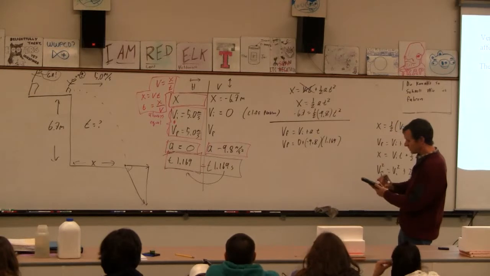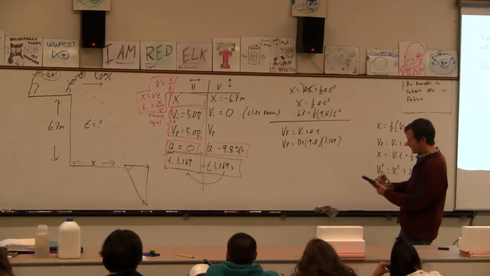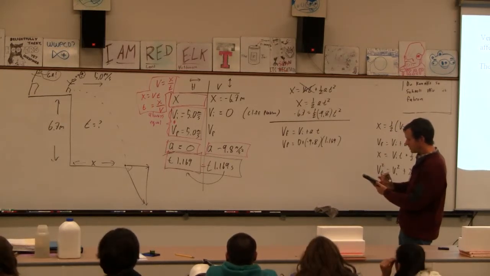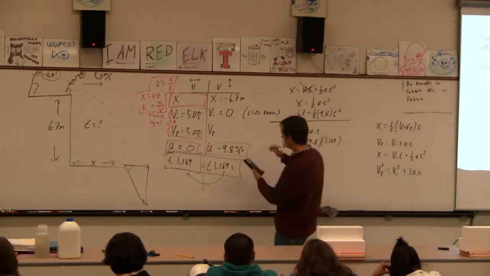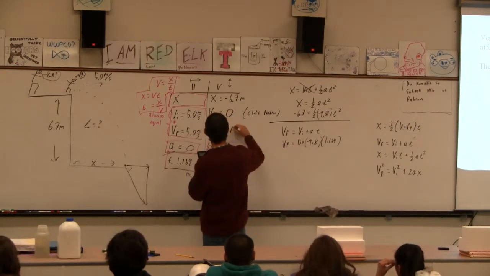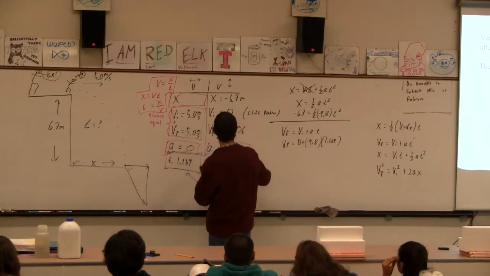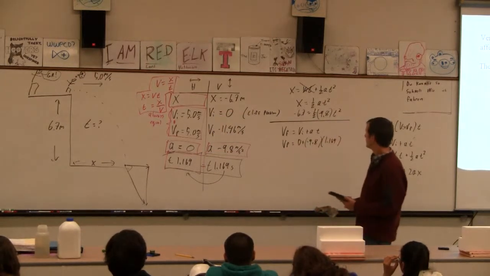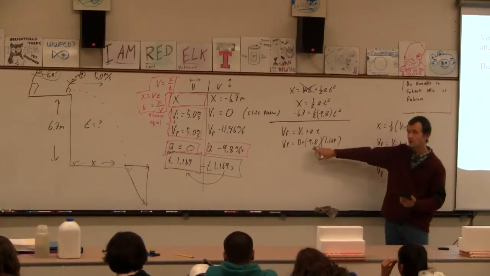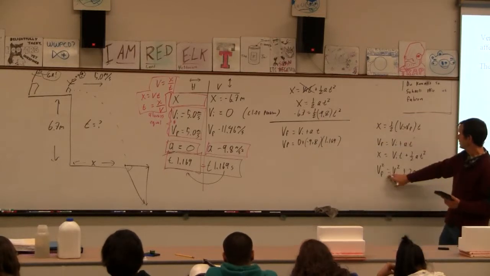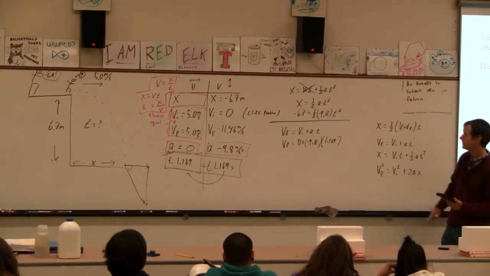I'm going to take this number and multiply by negative 9.8. Negative 11.46. It's negative because the acceleration is negative. Remember, if you use this formula to find the final velocity, it will come out negative, right?